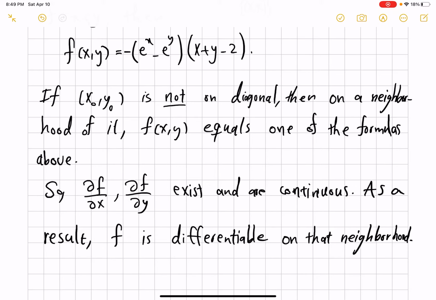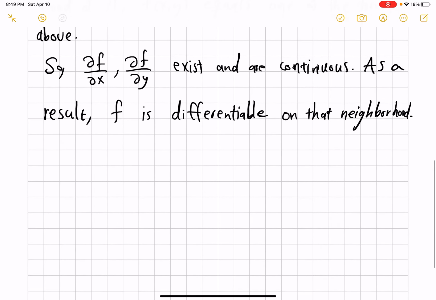So we're interested in what happens along the diagonal. So suppose you are now sitting somewhere on the diagonal. So here is x0 and y0.